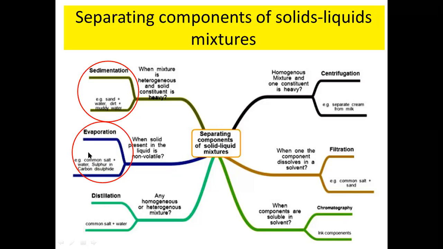The second one in this case is evaporation, used when the solid present in the liquid is non-volatile. Non-volatile means one of them is not going to evaporate while the other one is. For example, common salt and water: the water will evaporate and the salt will remain inside your flask.